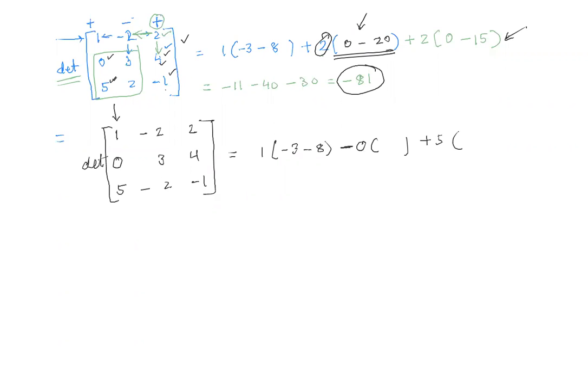Take off this row and this column, and you'll be left with -2 times 4 is -8, minus 3 times 2 is 6. So it's going to be -11. I'll just ignore the middle term, which is 0. So plus 5 times -14 gives you -11 minus 70, which is -81.